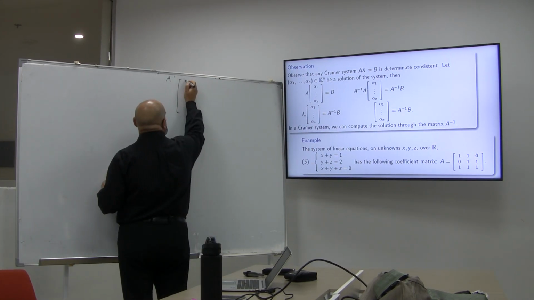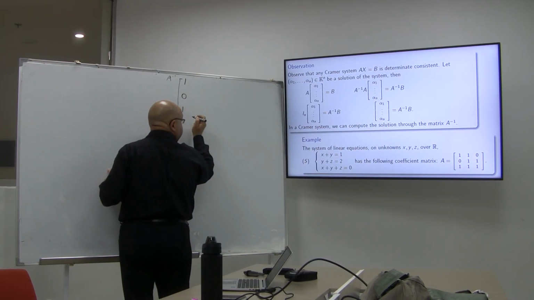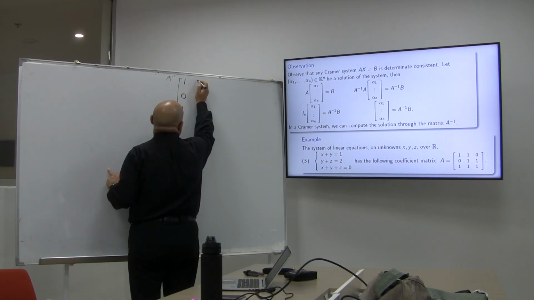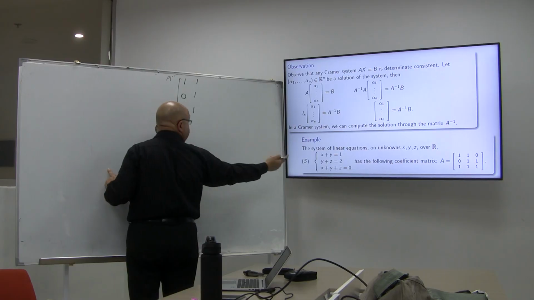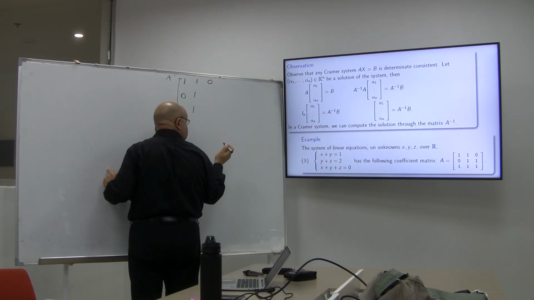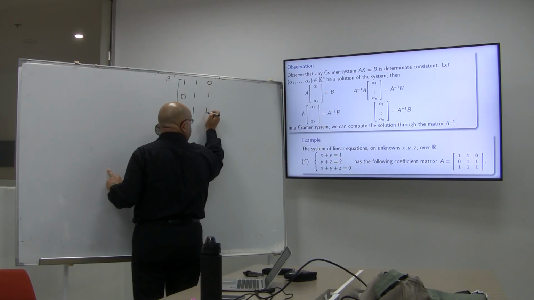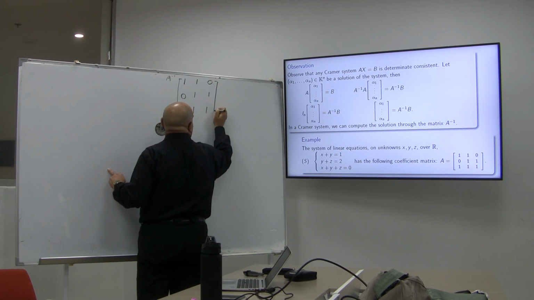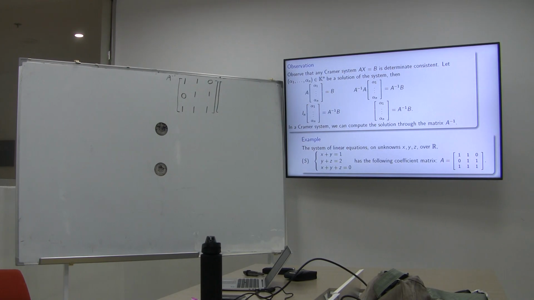The coefficient matrix: for x, I will have 1, 0 and 1; for y, 1, 1 and 1; for z, 0, 1 and 1. And this is multiplied by the unknown column x, y, and z.